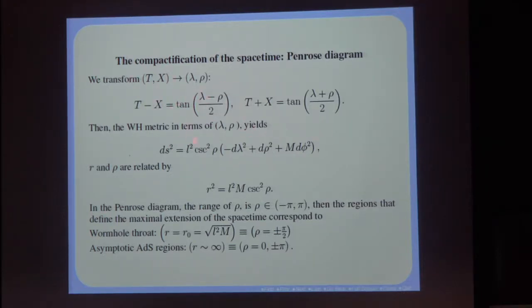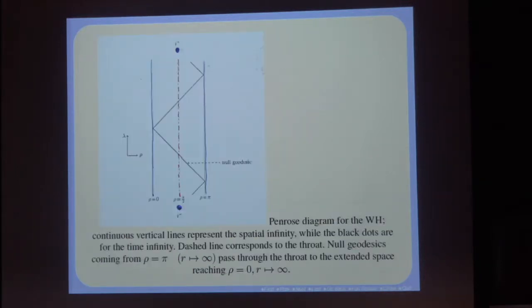Okay, so in these coordinates, this is the metric, and these coordinates lambda and rho are the Penrose coordinates, the appropriate coordinates to draw the Penrose diagram.